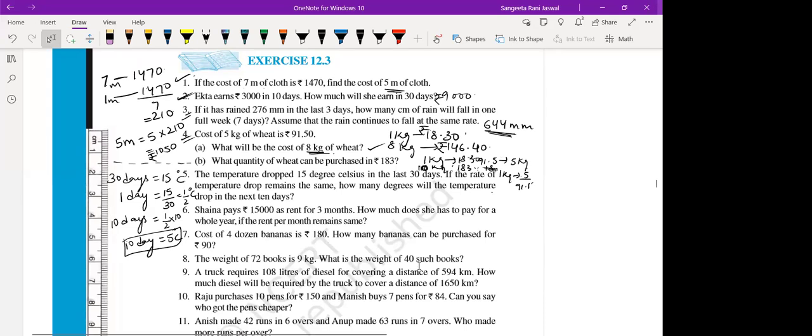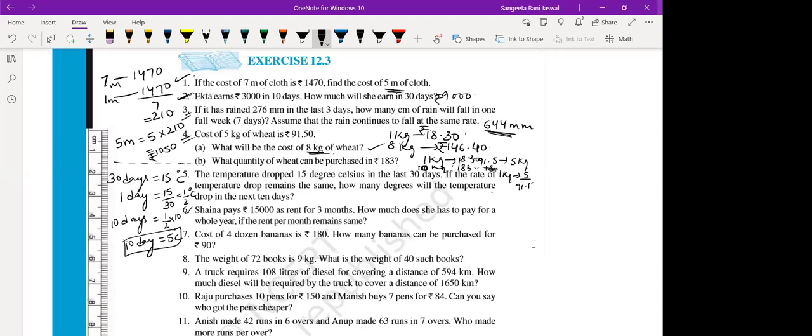Okay. Let's move to the next question. If you have not understood, then please let me know. I'll explain it to you again. Now let's see question number 6. Bhavesh, you read question number 6. Shaina pays rupees 15,000 as rent for 3 months.